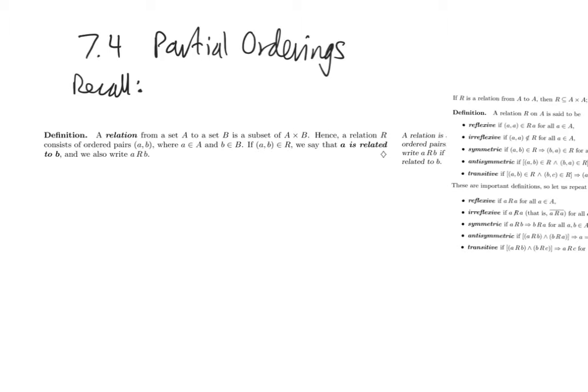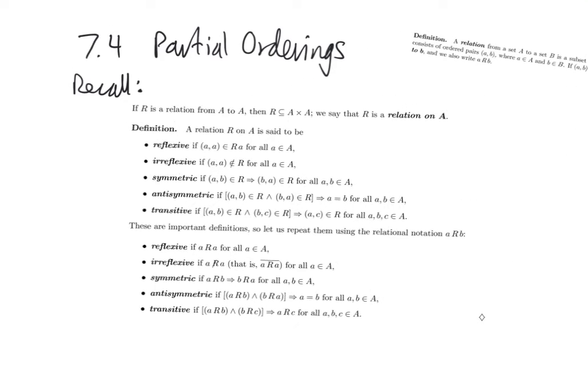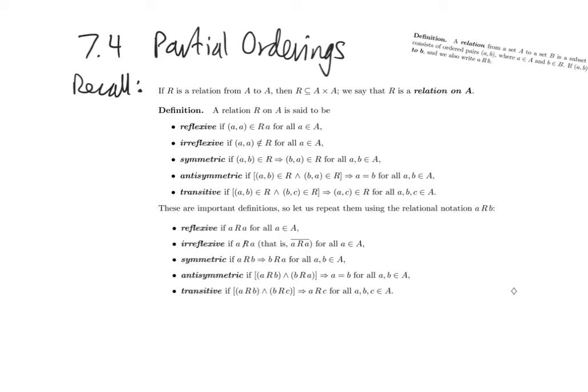Now, another thing to recall is if you have a relation from a set to itself, so from A to A, then R, the relation, is a subset of A cross A. And we just say that the relation R is a relation on A. And we had these definitions that we used to examine certain properties.